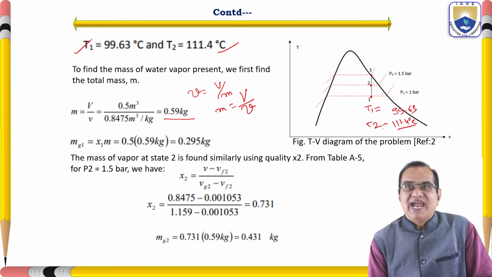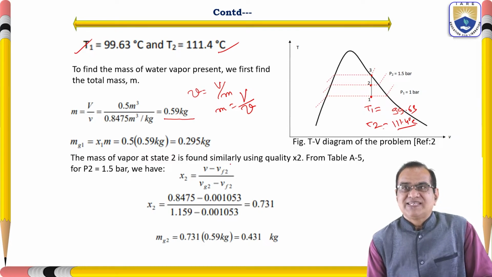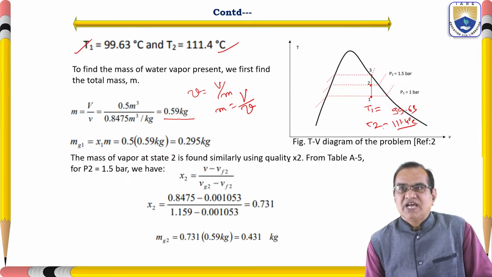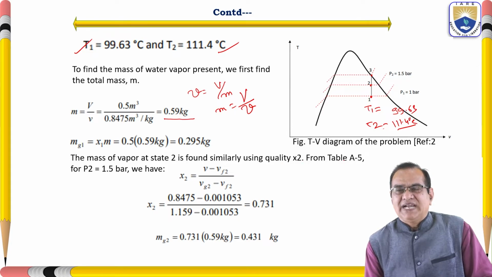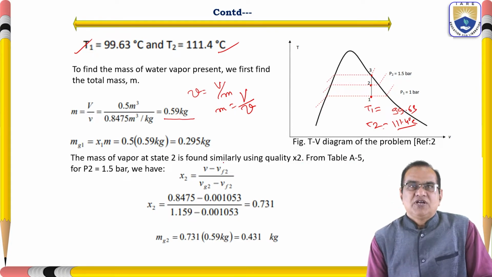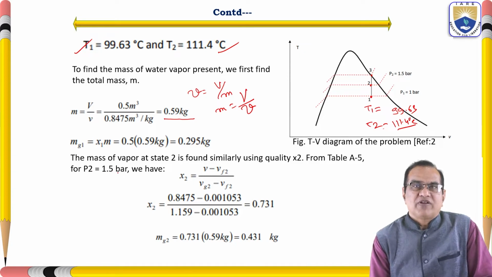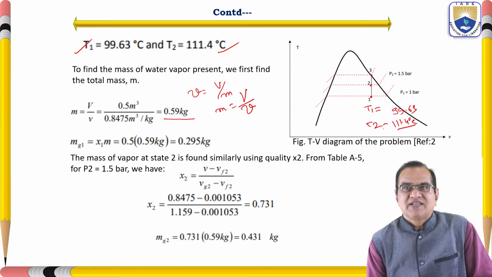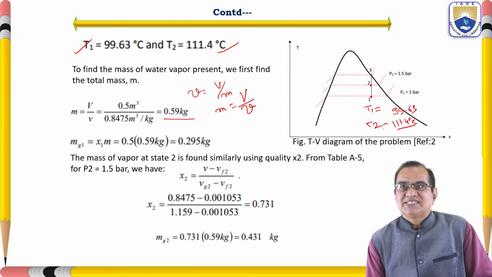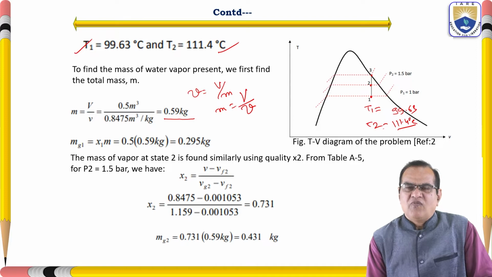The mass of the vapor at T2 is found similarly, using the quantity x2 from the steam table for P2 of 1.5 bar. So X2 is equal to V minus Vf2 divided by Vg2 minus Vf2. This is the equation to find the position, or the quality, of the gas at point 2.